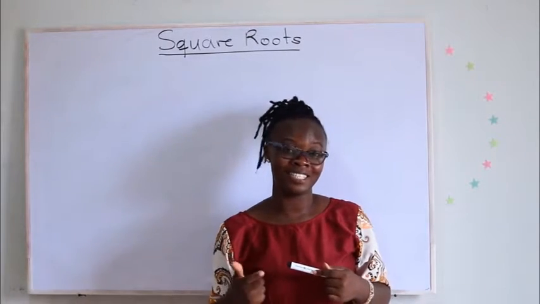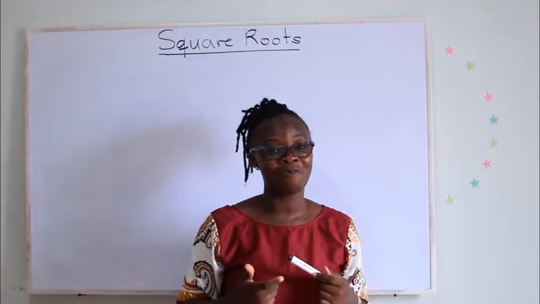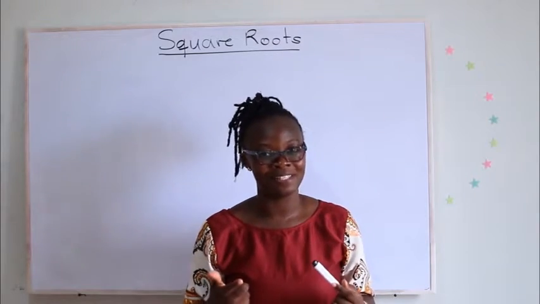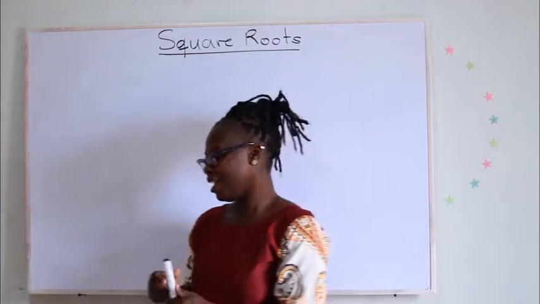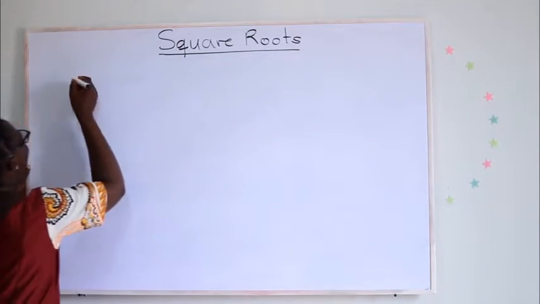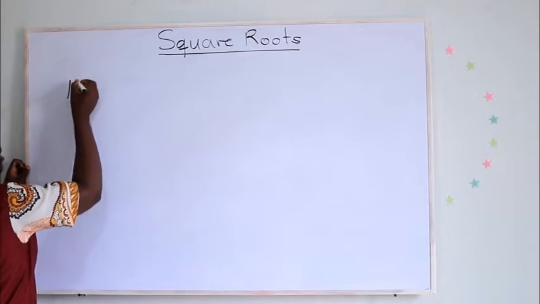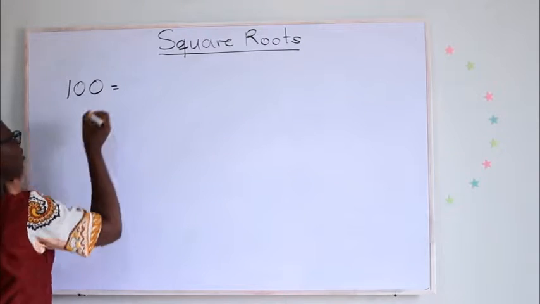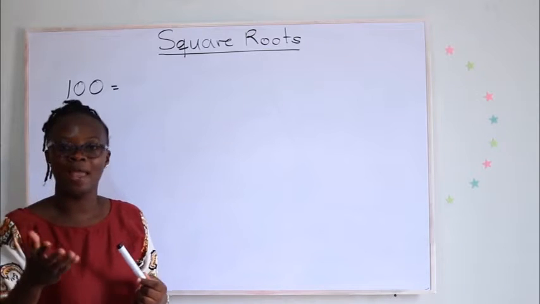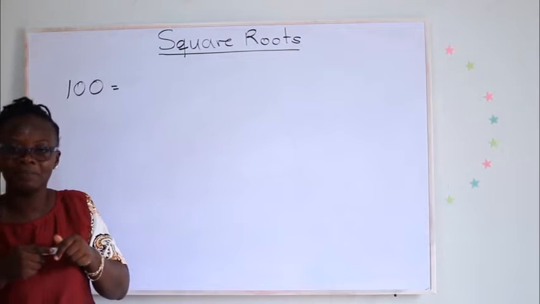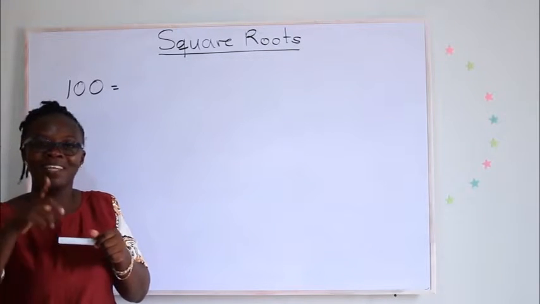In our previous lecture, we made mention of square numbers, which we are going to use in our square root today. If I give you the number 100, what number can we square to get 100? 10.